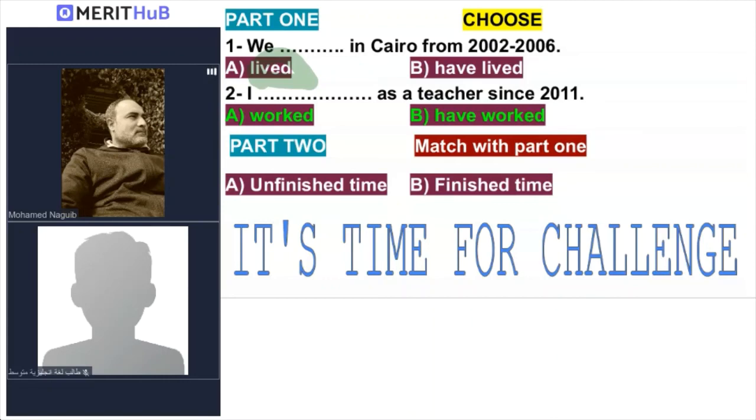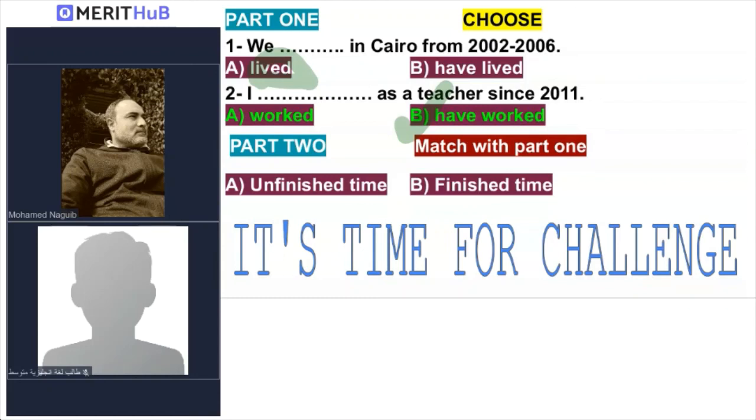So I'm going to choose be. So in part one, do you think the action finished or not? 2006. So it's finished, it's over. Here it's since 2011, and I'm still working right now. So it's unfinished time. The last one, I'll keep for the assignment or the assessment.